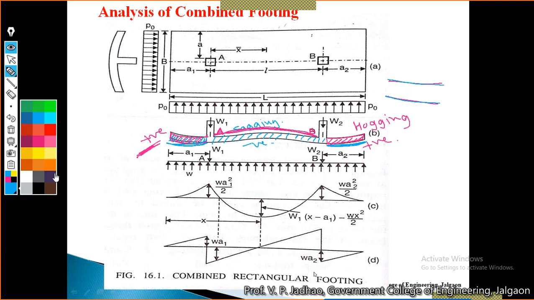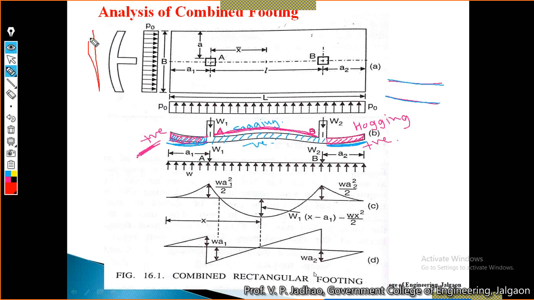But at the same time, we have to see that we are having some bending moment in the transverse direction also. Therefore, we have to provide some steel reinforcement in the transverse direction. If you are seeing this as elevation, then again we have to provide steel reinforcement in the transverse direction also.